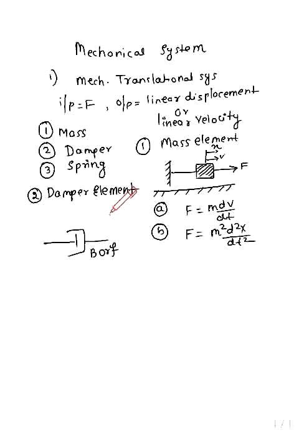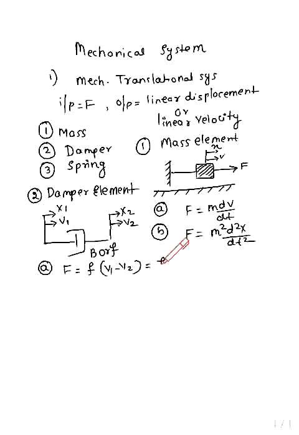Now we'll see the damper element. There is a damper force that will act, and the damper is represented by coefficient B or small f.